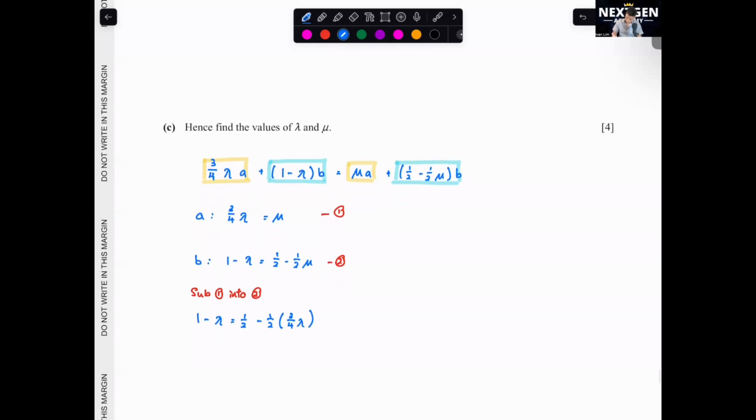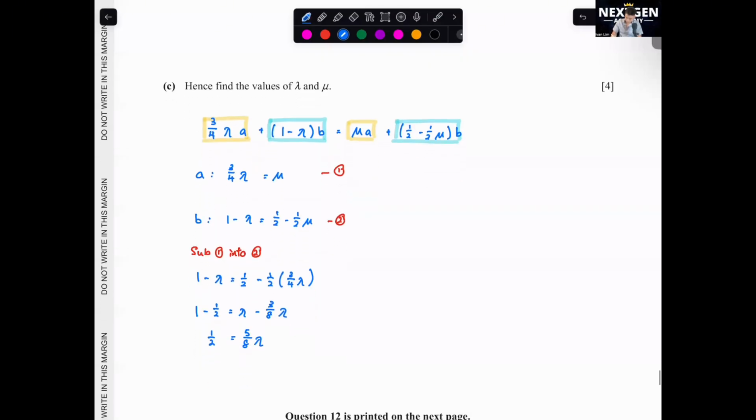We can get here 1 minus half equals lambda minus 3 over 8 lambda. 1 over 2 equals 5 over 8 lambda. And here will be 8 over 5 times 1 over 2 equals lambda. Lambda is 4 over 5.